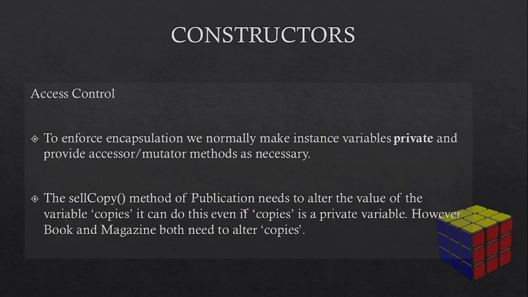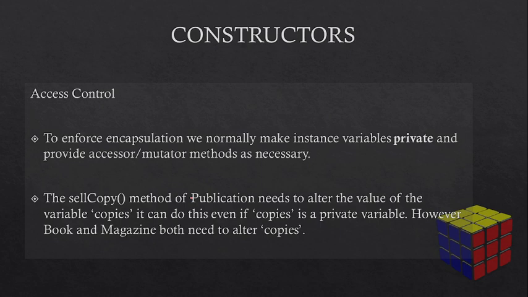So here in the copy method, publication needs to alter the value of the variable copies, but it can do this even if copies is a private variable. So this copy method is attached to the publication, and copies is also in publication.